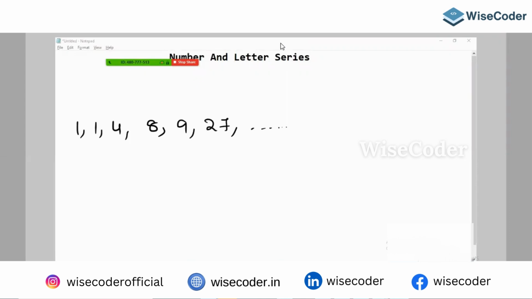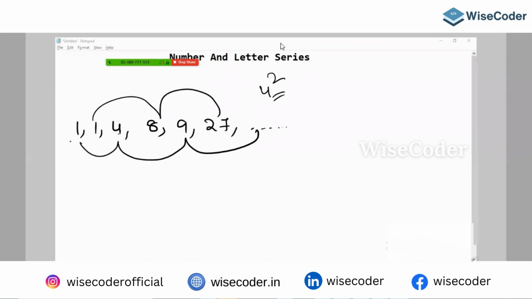Look at here, these are what, guys? Squares, and these must be cubes. So 1 square, 2 square, 3 square, so here must be 4 square. What is 4 square, guys? 16. So the answer for this question is 16.